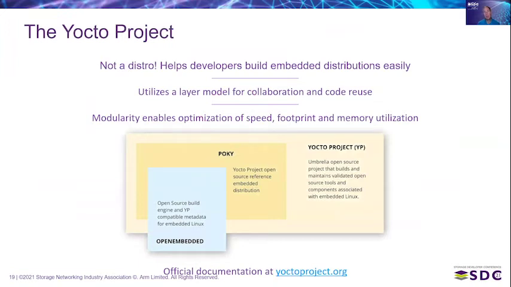But one of the complaints that I frequently hear is, how could we possibly run Linux in our drive, that seems so large? Well, certainly, agreed, you could run as simple as the Linux kernel in order to enable eBPF, but I would suggest that there are even better options as well. One such option is called the Yocto Project. This is not a new distribution. This is just a way to help developers build embedded distributions easily. It uses a layered model for collaboration and code reuse, and modularity for optimization of speed, footprint, and memory utilization.